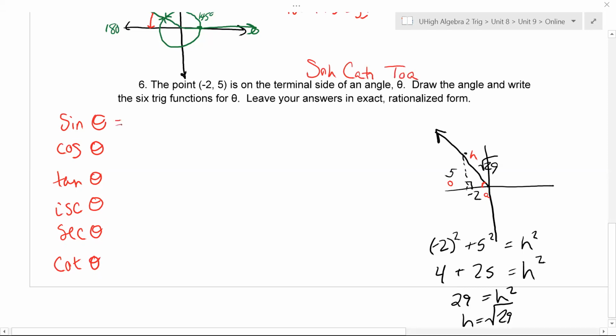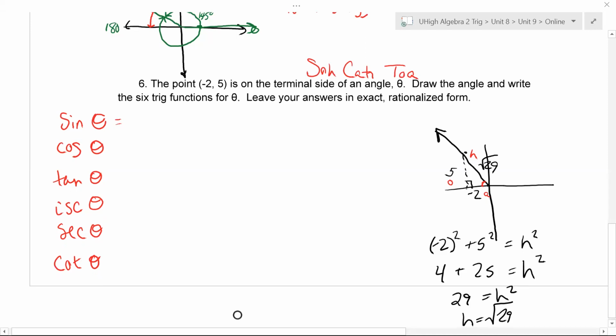If I have sine, I'm doing opposite over hypotenuse. But we want to make sure it's rationalized. So I'm going to multiply by the square root of 29 over the square root of 29. I get 5 square root 29 over 29.